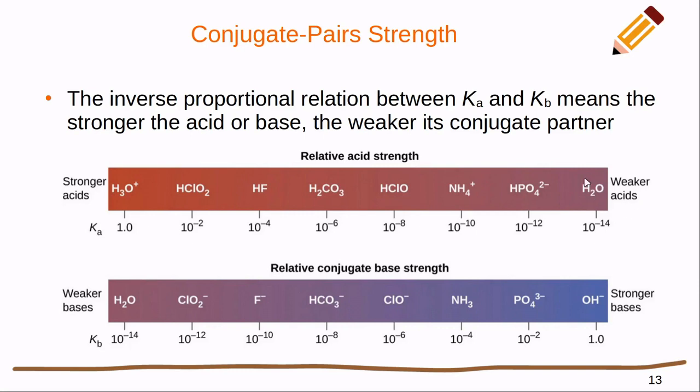Over here where I have a very weak acid, water, its conjugate base, the hydroxide ion, is going to be stronger. And we can see that hold true as we go into the center: ammonium is not a very strong acid, but ammonia is a fairly strong base.